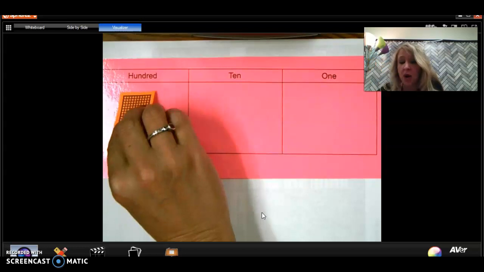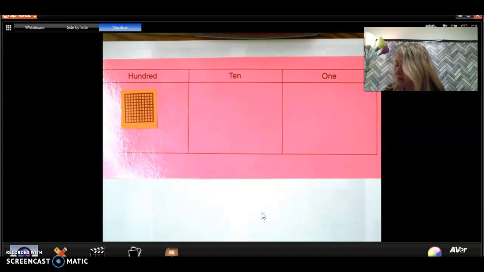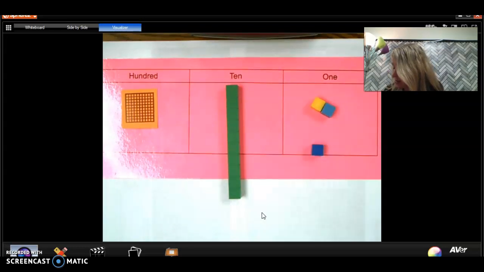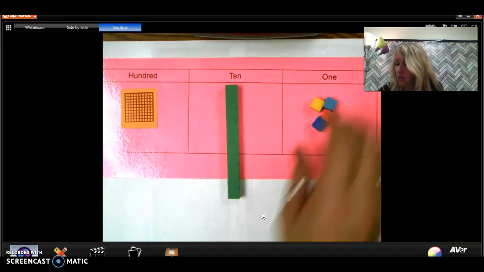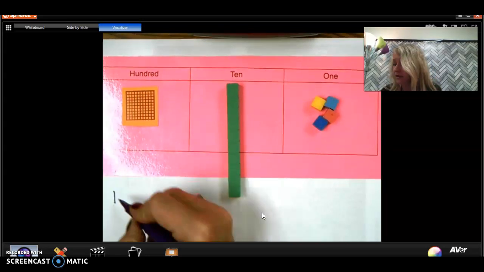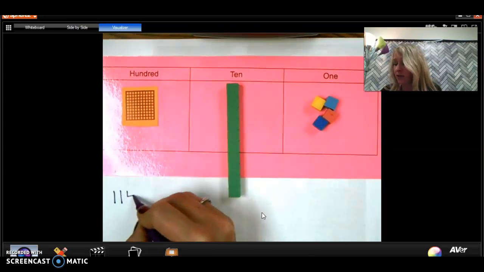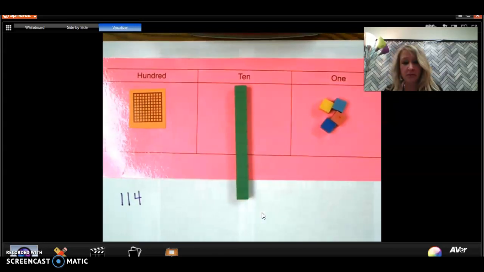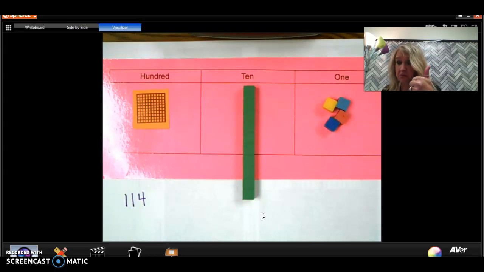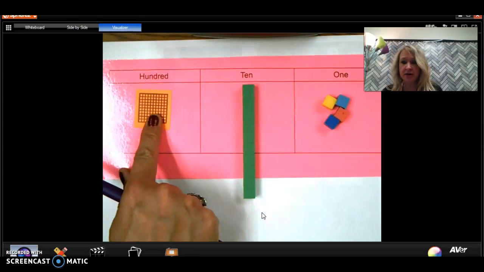So she has 114. Okay, so 114 is 100, 10, and 4 ones. Correct? You agree? Thumbs up? Okay. So 100 is worth how much?